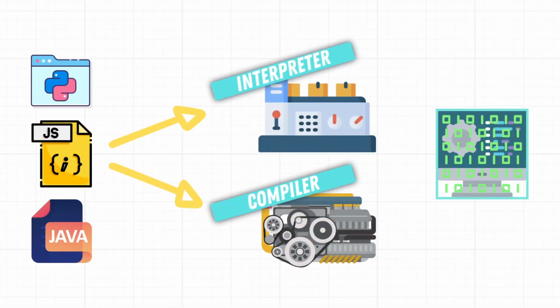Now, I know you're still a little bit confused. You see, the definition itself is a bit fuzzy in some respects. All languages have to be interpreted and compiled because they have to run. It has to be interpreted, and it also has to most likely be translated into something low level, like machine code, for example.